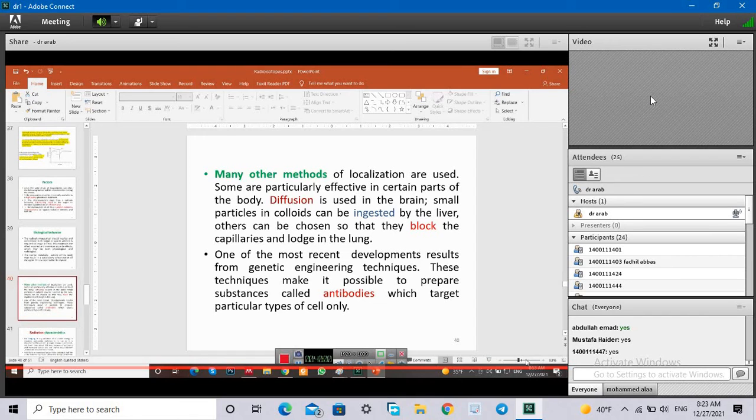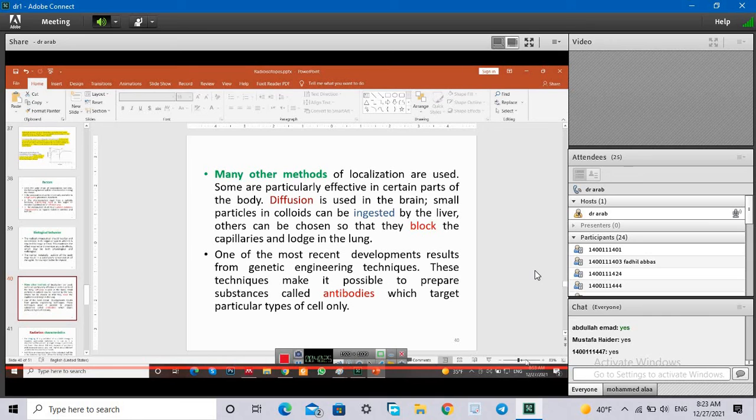There are different methods that we can use to localize the radionuclide in the desired organ, including diffusion, ingestion, blocking, and recently applying antibodies. Interestingly, some of them are practical and effective in certain parts of the body.